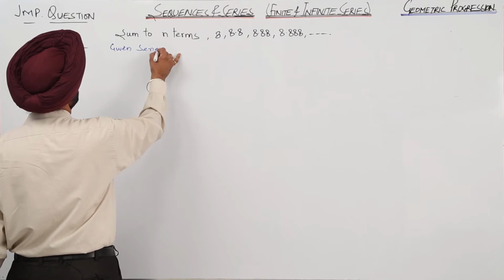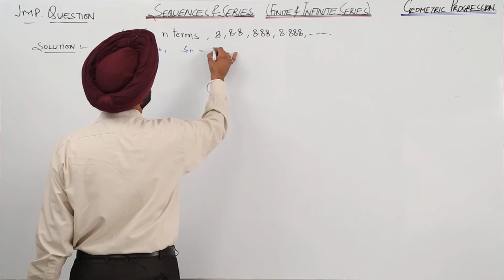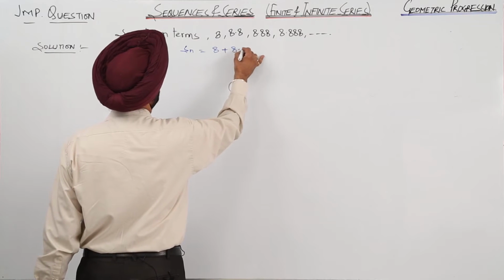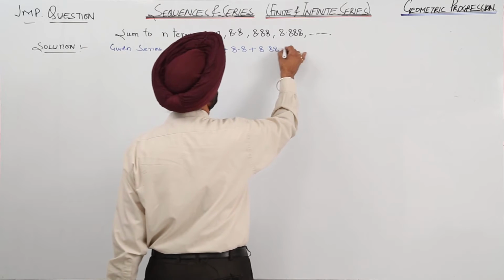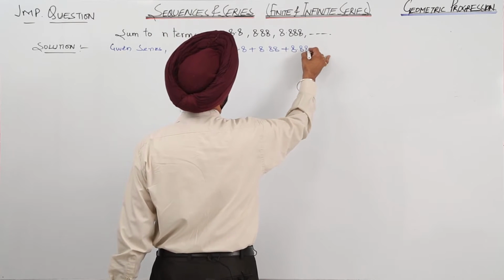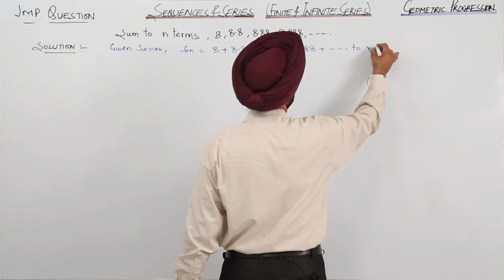Now, given the series for which we have to find the sum, we can write it as Sn = 8 + 8.8 + 8.88 + 8.888 up to n terms.